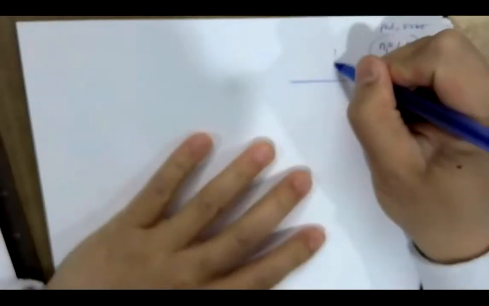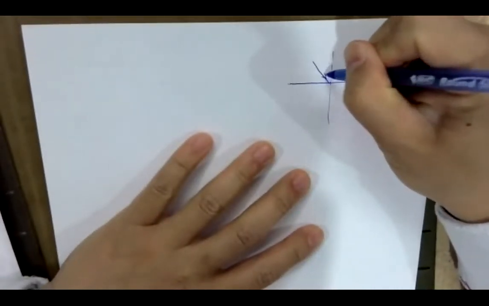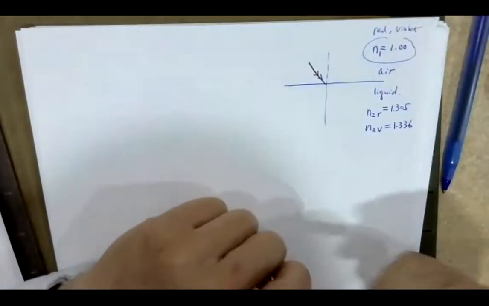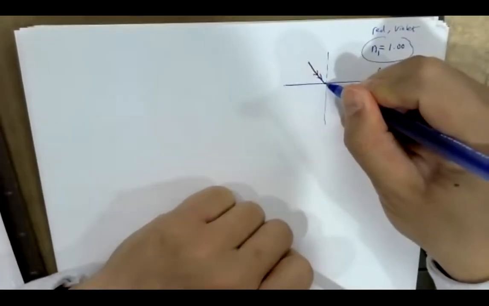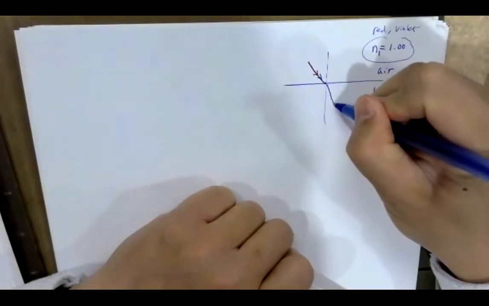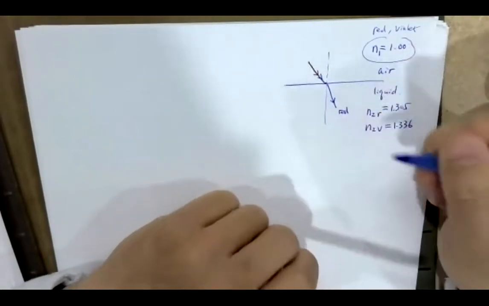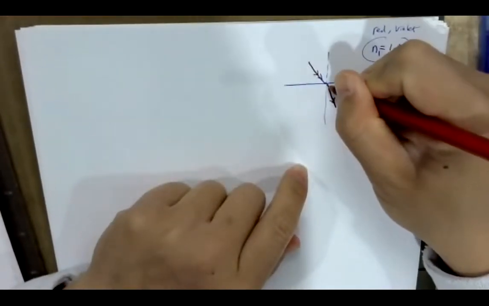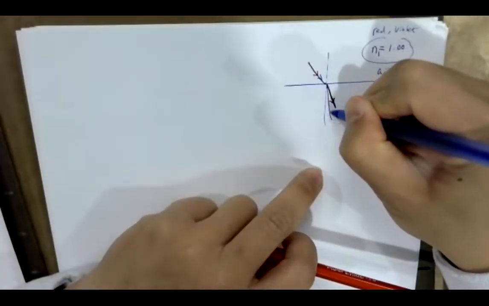Now, this is the normal line when the two come in at the same 45 degrees. I can use another color here to indicate that they are coming in at the same angle, okay? For the red light, this is the refracted ray, and for violet, it's going to be refracted at a different angle.